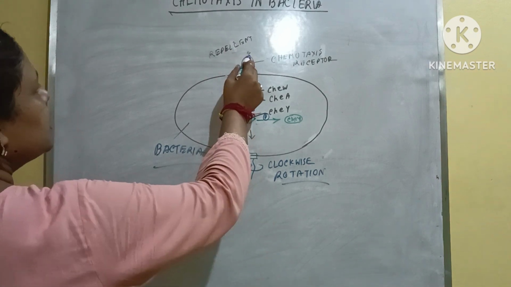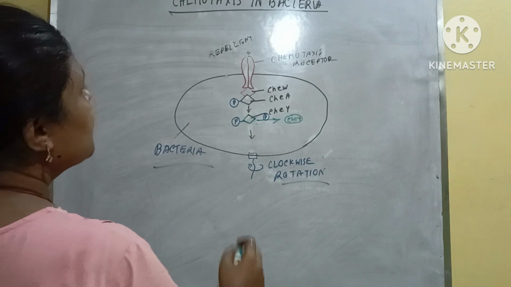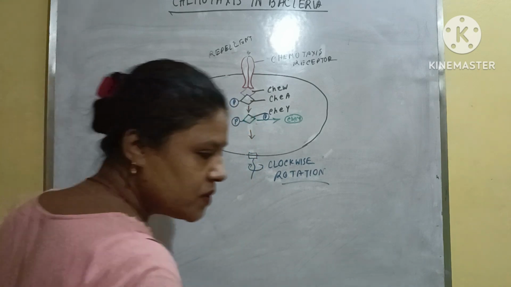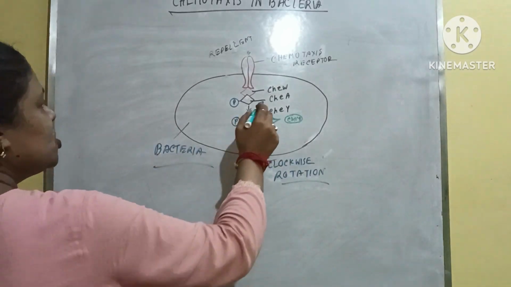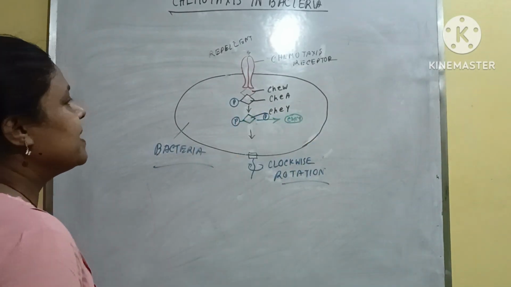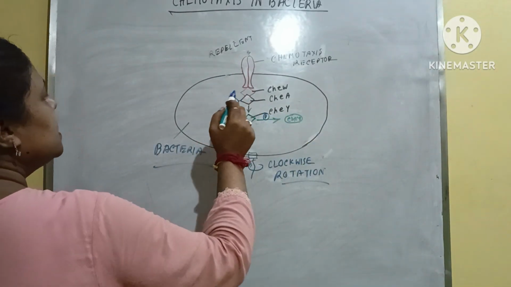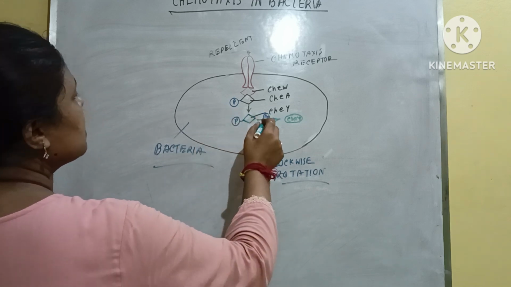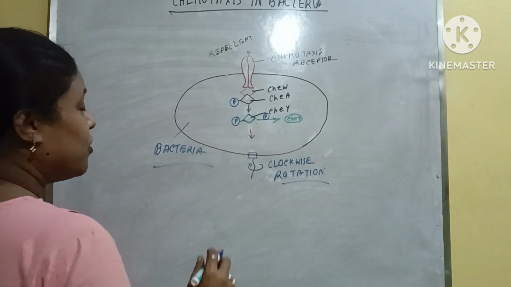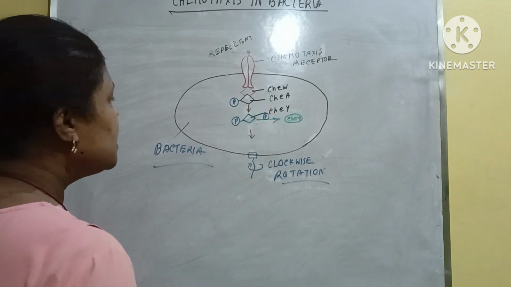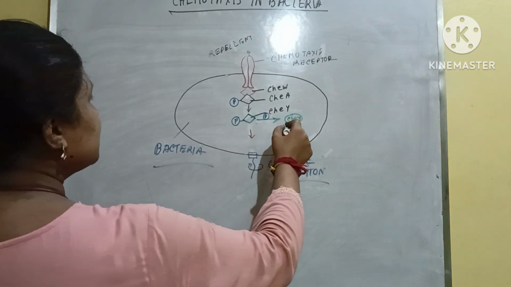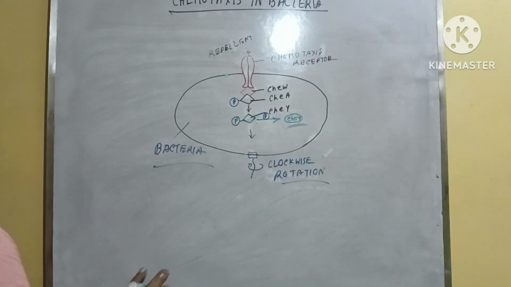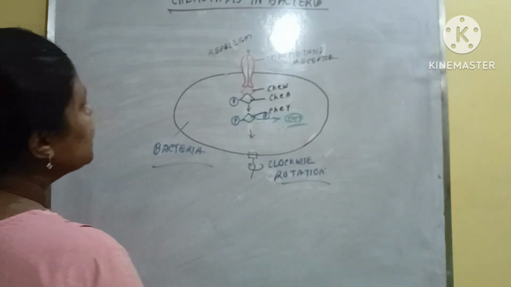Repellent first binds with the chemotaxis receptor, then CHEW becomes activated, then CHEA is activated and phosphorylated, then it tries to activate CHEY, and after activation the phosphate dissociates and CHEY phosphate is formed here. So here the clockwise rotation is seen.